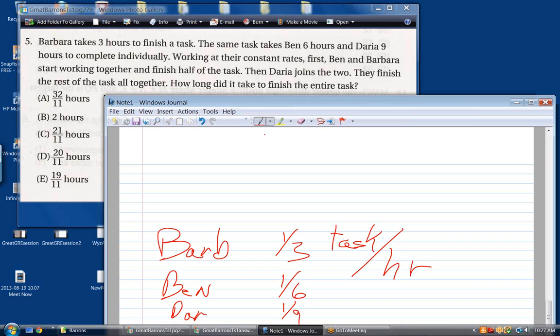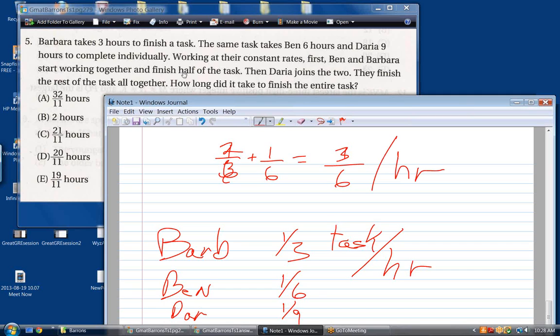If they finish half the task, we can figure out how long that takes. Because Barbara does 1/3, Ben does 1/6 per hour. So you have 2/6 plus 1/6, so they actually do exactly 3/6 of the task in 1 hour.